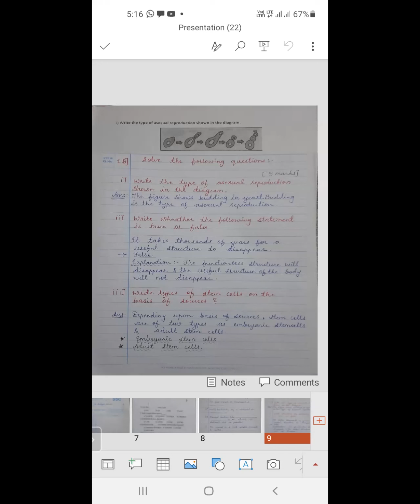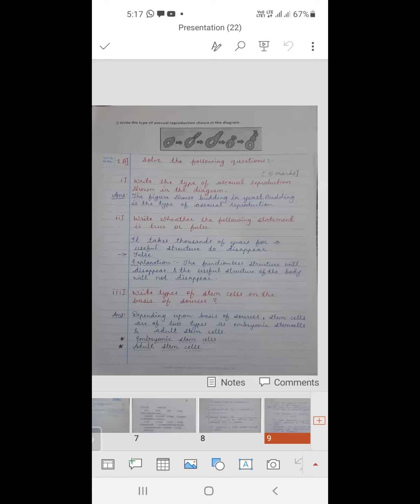Many types of asexual reproduction are there. Multiple fission is there, and so many types of asexual reproduction are present in unicellular and multicellular organisms. Fragmentation, regeneration, these all are types of asexual reproduction.